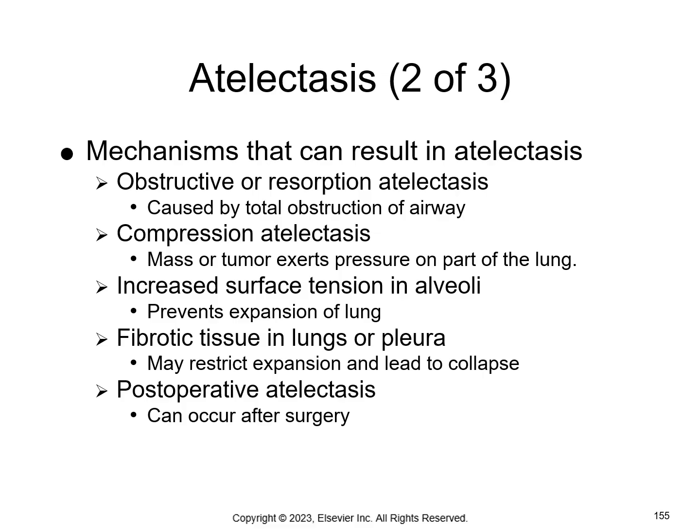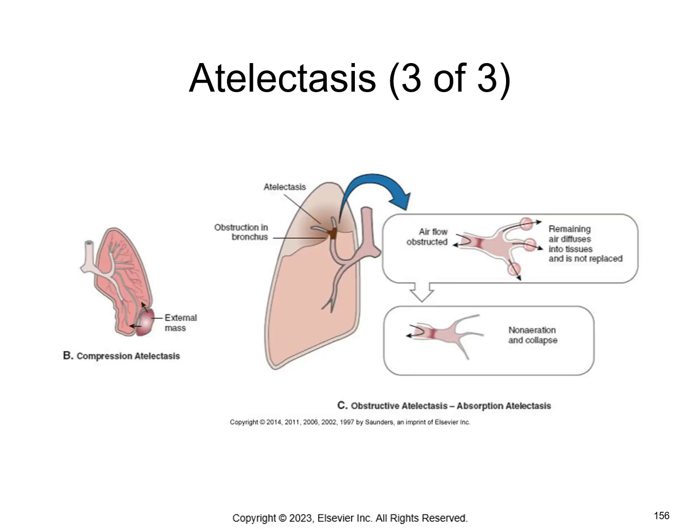Fibrotic tissue in the lungs or the pleura can restrict expansion and cause collapse. And then they can have post-op atelectasis, which can happen after surgery. If you look at this one here, it's showing you the obstruction in the airflow, and the remaining air goes into the tissues and it's not replaced.